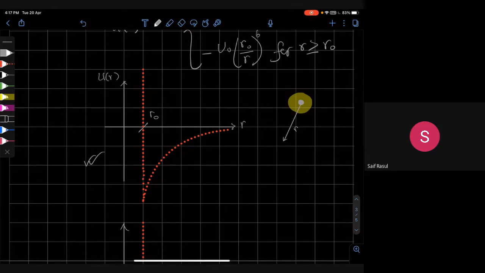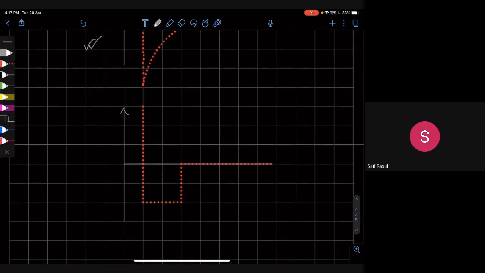I'm following David Tong, who takes this potential, but if you look into Salinas, Salinas uses this one. All right, any questions?